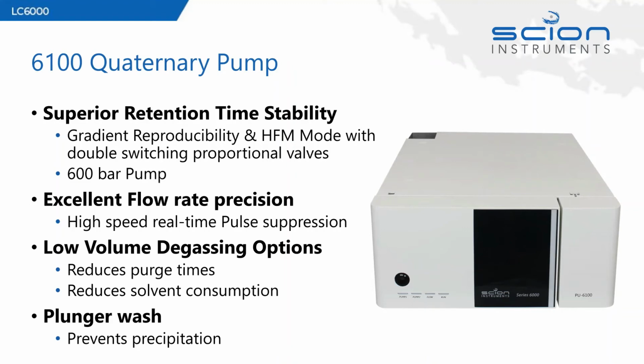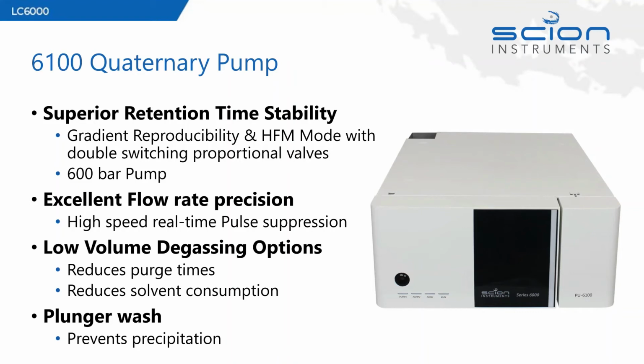It does have an inbuilt high-speed pulse suppression, so it is continuously monitoring and adjusting that pulse to make sure it is suppressed, and this is what gives us the excellent flow rate precision, especially at the lower end of the flow rate, so less than 0.5 ml.